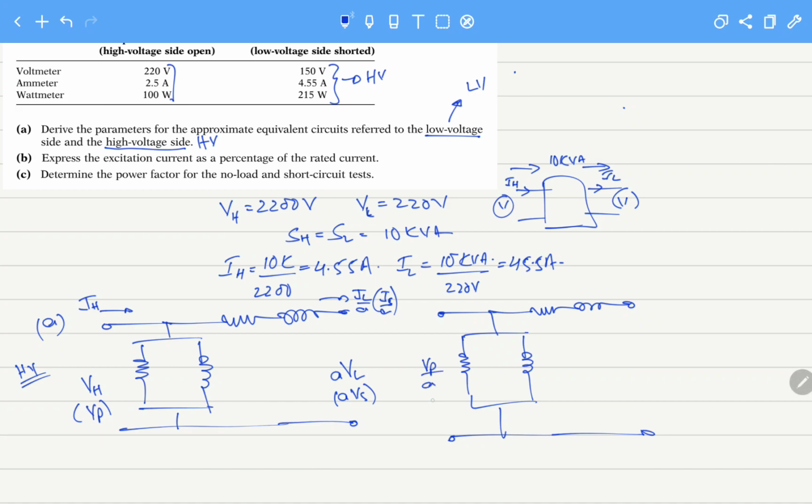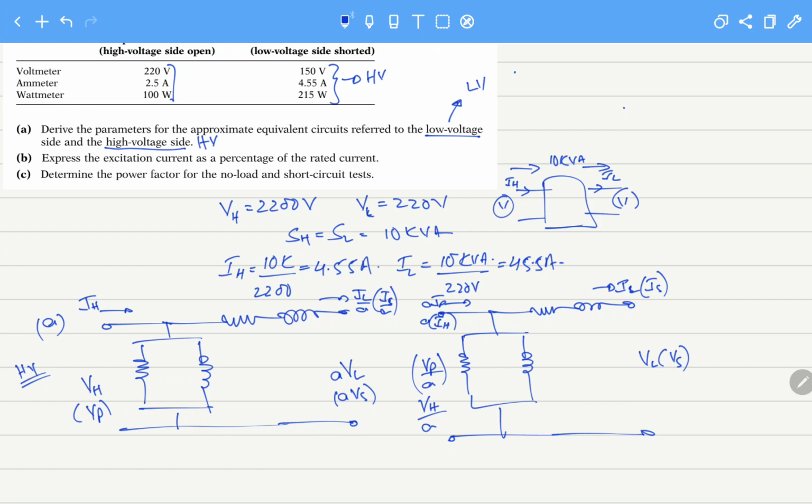So this will be VPA, or we can write VH over A, and we can write here AIP, that is actually AIH, and this is the secondary voltage, that is actually what I am calling low voltage, and this will be the secondary current, because it is reflected at this side.